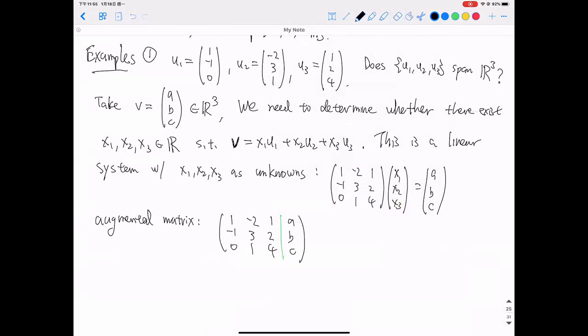We can perform row operations. We've seen quite some examples of this kind, so we'll just do it quickly. R2 plus R1: zero here, 1 there, 3 here, b plus a there.